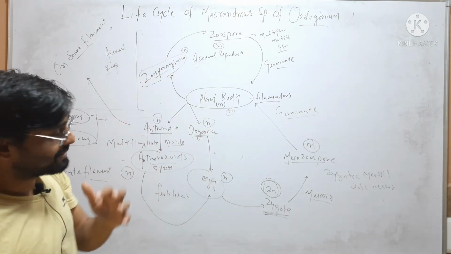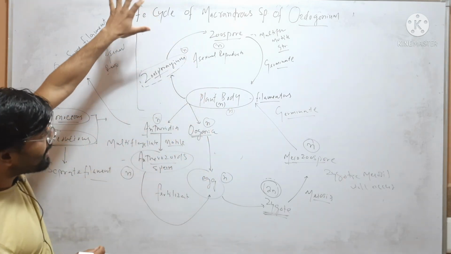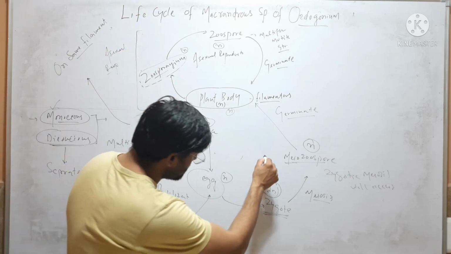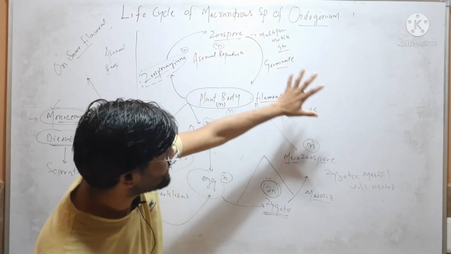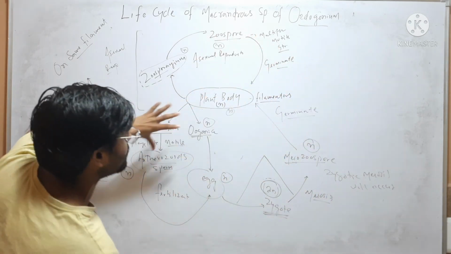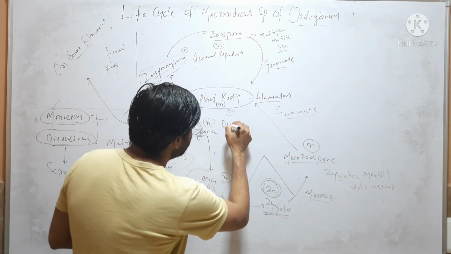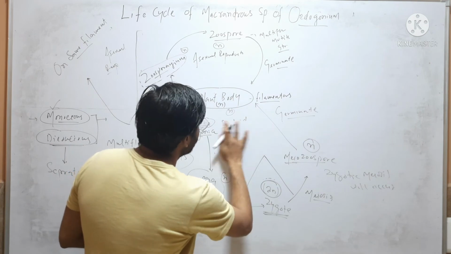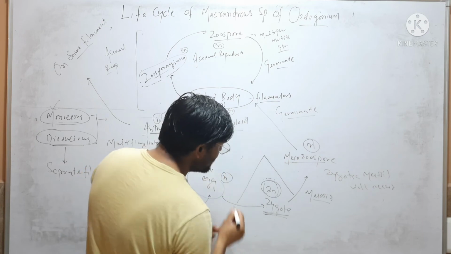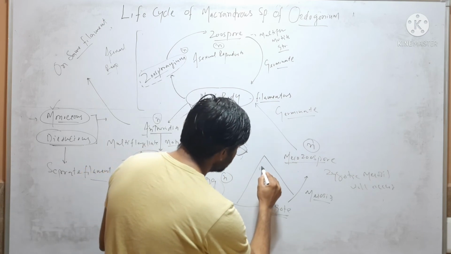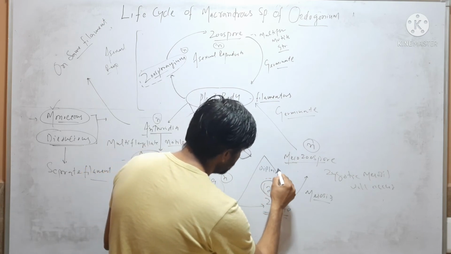So in this whole cycle, except for the zygote, all the structures that are formed are haploid. Only the zygote is diploid.